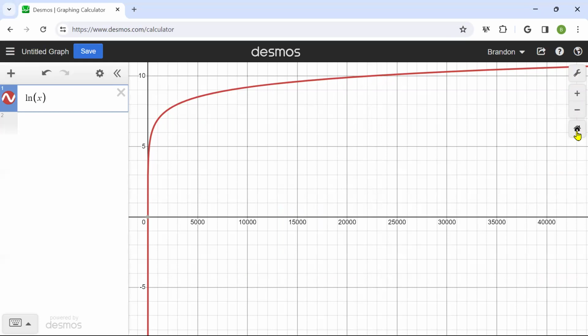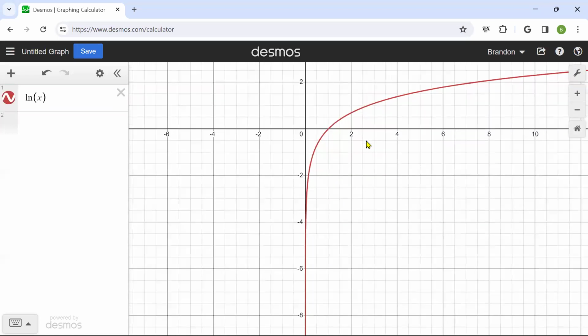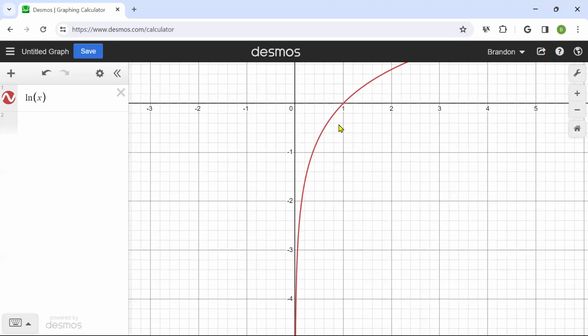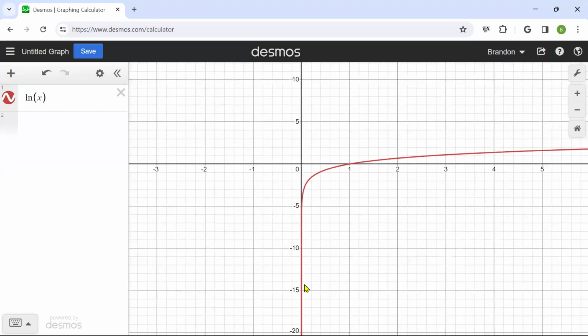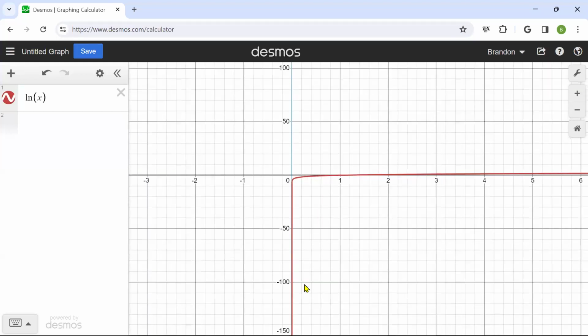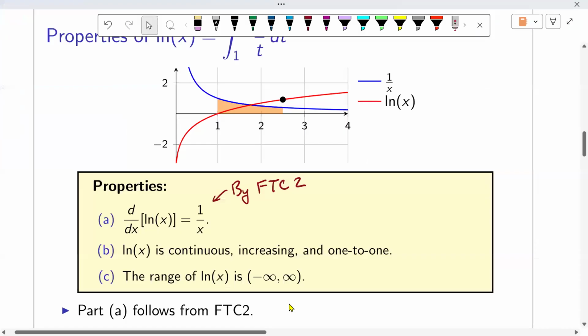How about being negative though? Well, being negative is a little bit easier to see because you can see that as we go from 1 towards 0, it plunges really fast and it just keeps plunging. You think it can't get any lower, but it does. It just goes down really low like that. And so the natural logarithm can take on any value between negative infinity and infinity.